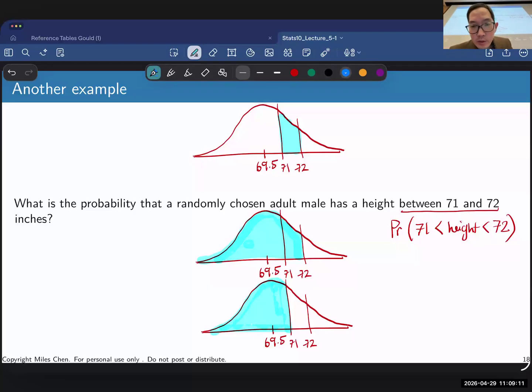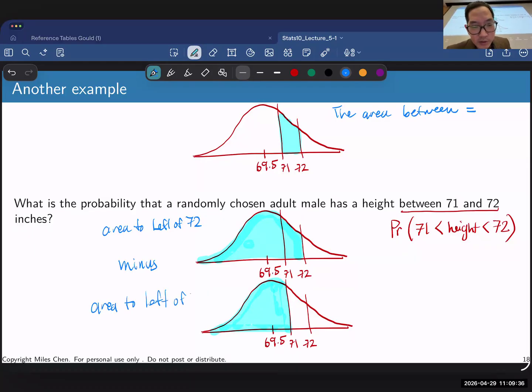Okay, so area between is equal to area to the left of 72 minus area to the left of 71, okay? And so if we do area to the left of 72 minus area to the left of 71, what we will be left with is the area between.